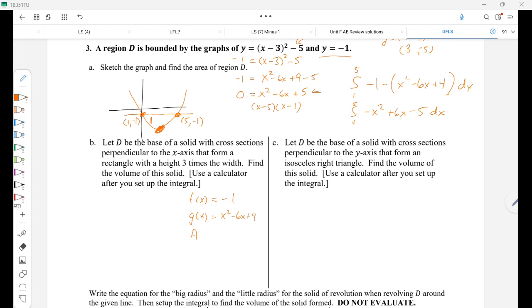And then the area of this rectangle, because it's just got a height 3 times the width, is going to be the base times 3 times the base, because the width is just 3b, so we'll say 3b squared, which is 3 times f of x minus g of x, but squared.